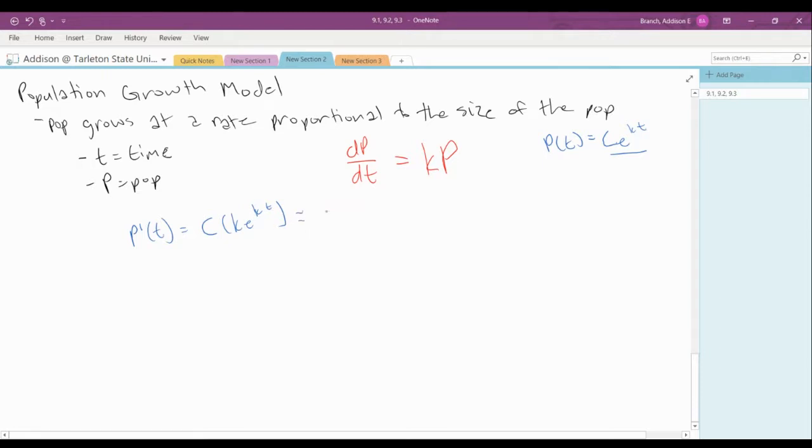And if we play with that a little bit, we can say that's also equal to k times ce to the kt, which brings us right back to k times p of t, our initial formula. So therefore, we can say that p of t is equal to some constant c times e to the kt.